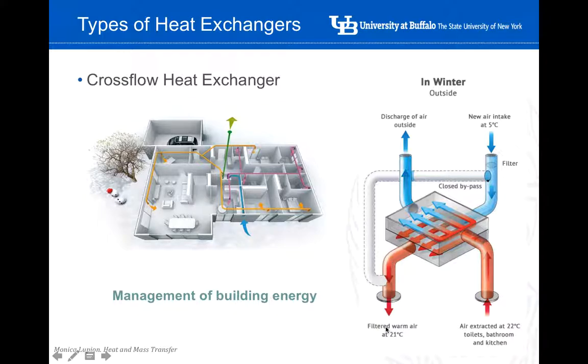And at the same time, the system gets air from the inside of the house, uses the heat of this air to heat up the air that is being taken from outside, and then this air is discharged outside.